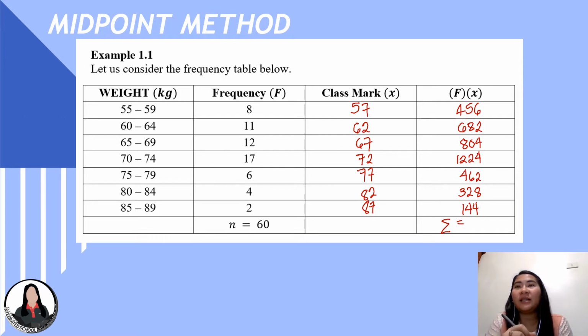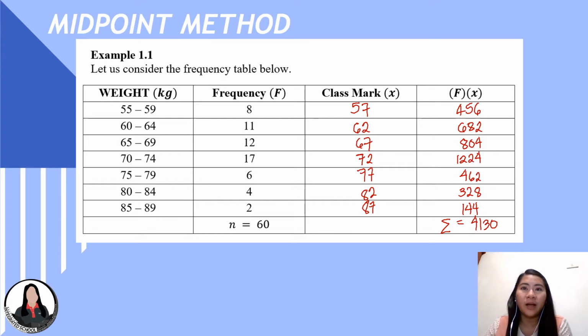So, kapag inadd natin ang 456, 682, 804, 1224, 462, 328, and 144, magkakaroon tayo ng sum na 4,130. Wherein, itong 4,130 na ito ay gagamitin natin in obtaining our mean using the midpoint method.